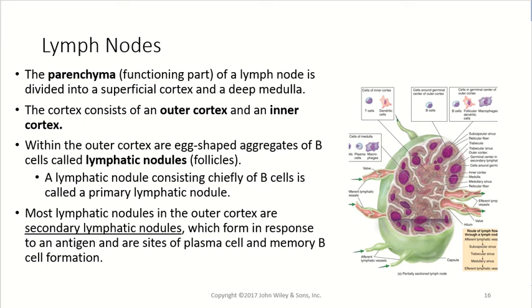A lymphatic nodule that consists primarily of B cells is going to be called a primary lymphatic nodule. Most lymphatic nodules in the outer cortex are going to be secondary lymphatic nodules, and these are going to form in response to an antigen, as they're also going to be the site of plasma cell and memory B cell formation.